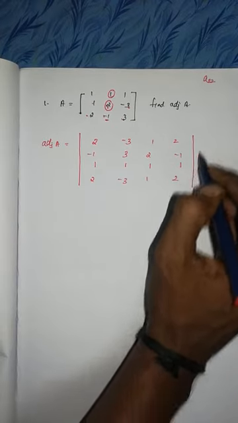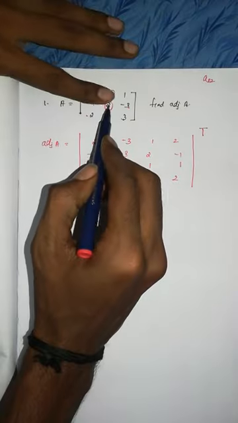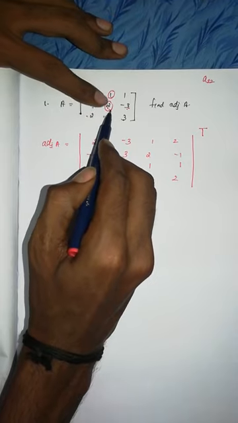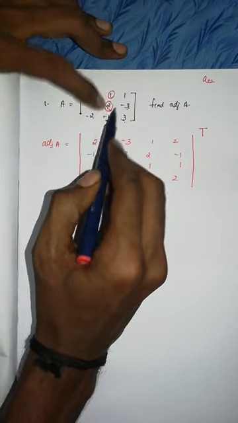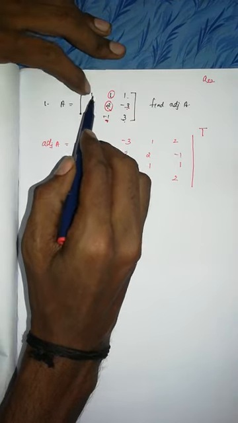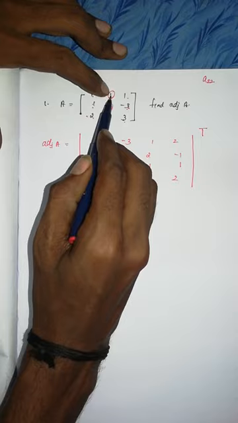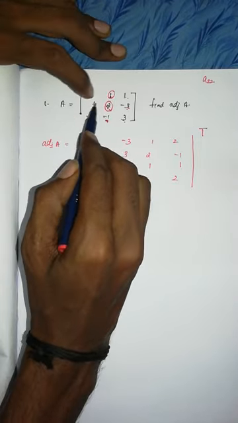You want to put the transpose here. So I start with 2, 2, minus 3, 1, 2; then 2, minus 1, 3, 2, minus 1; then 1, 1, 1, 1. Wherever you start, you want to end there. And again you end with 2, minus 3, 1, 2.